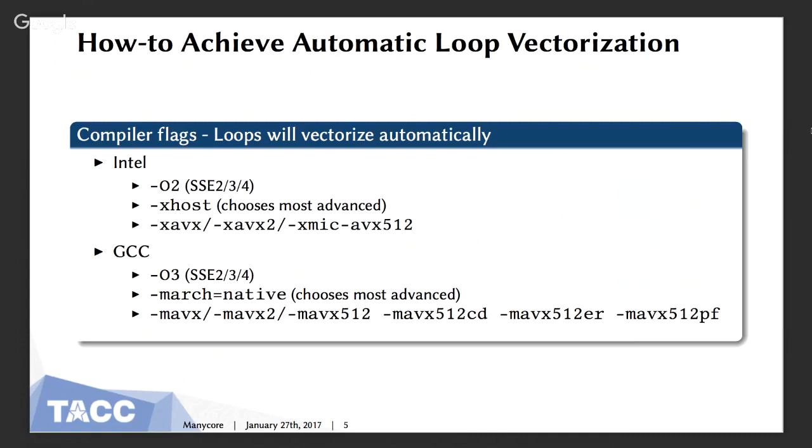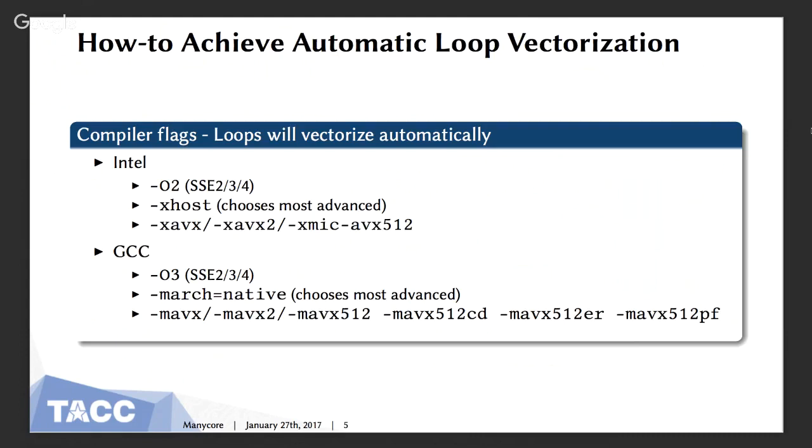Different ways to induce vectorization are specifically done by compiler flags. Intel and GCC are the two main compilers that we support here at TACC. Intel's default optimization level is 2.